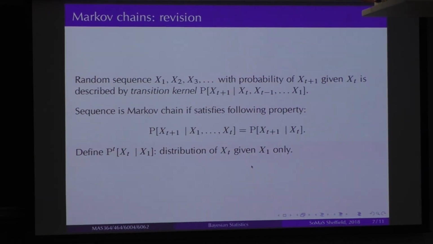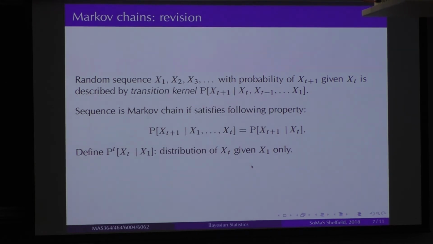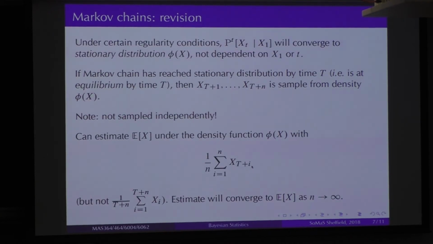Quick reminder of how Markov chains work. So that's the second part of MCMC. A Markov chain is a random sequence where the probability of observing the next observation depends only on the current state of the chain, okay? And that's the Markov property, and it's a chain of order 1, okay? So that's probably nothing new for you.